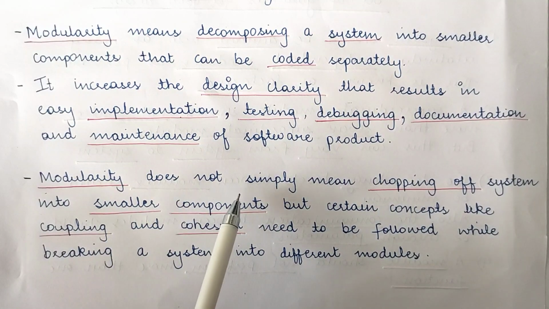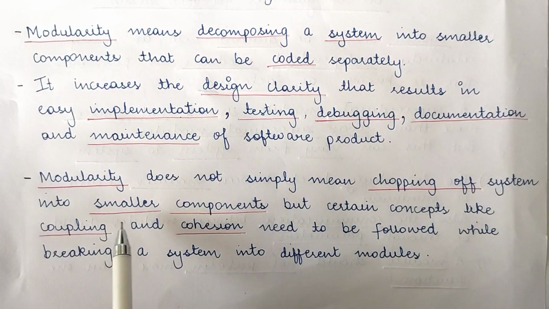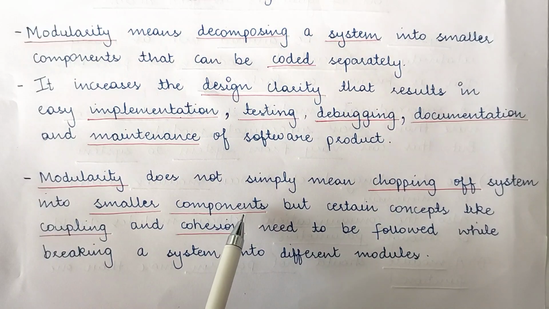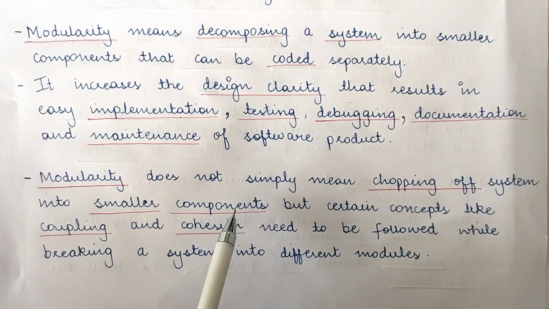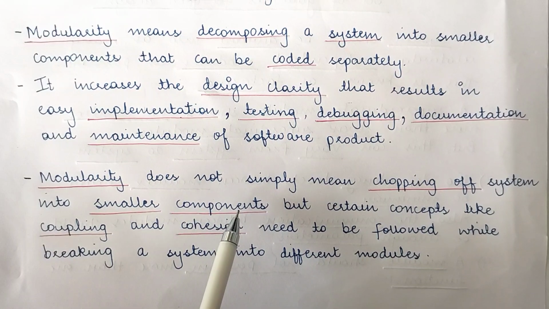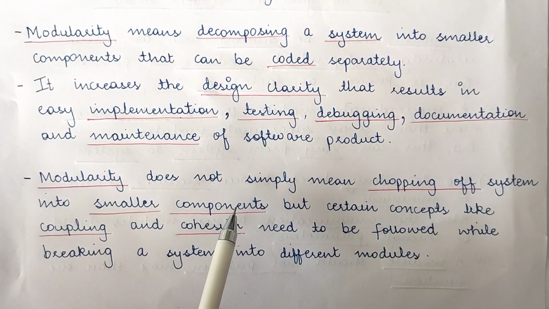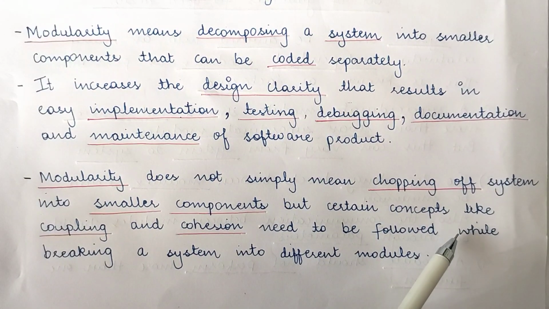It will be easier to find out the errors also. So modularity does not simply mean chopping of the system into smaller components. Usually we think of modularity as dividing the system into smaller components. Of course it is dividing the system into smaller components called modules, but it does not mean chopping of the system. There are certain concepts like coupling and cohesion that need to be followed while breaking a system into different modules.